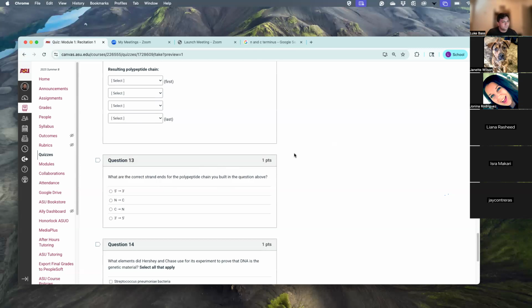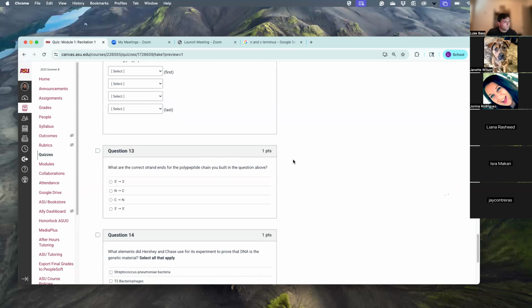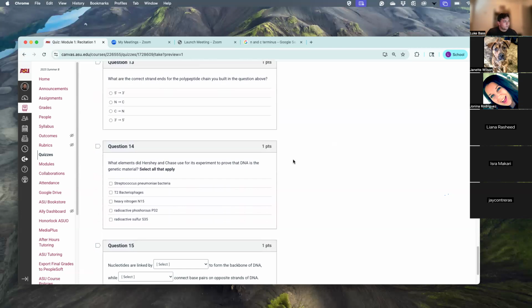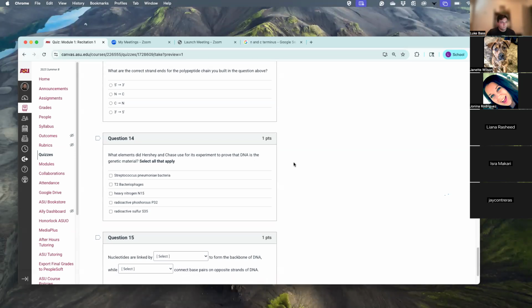I think that's mostly it. So for question 14, it's saying what elements? Is it literal elements that are on the periodic table? Because I know in the actual experiment, we also use the bacteriophages, right? But that's not an element, if that makes sense.